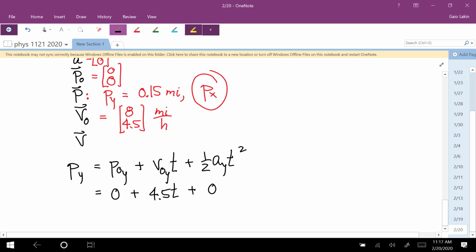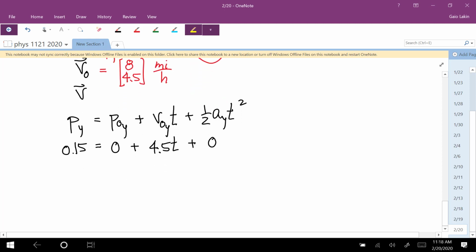And this p_y we know is 0.15. So t is equal to, I think that should be 0.03 repeating. We have time in hours.